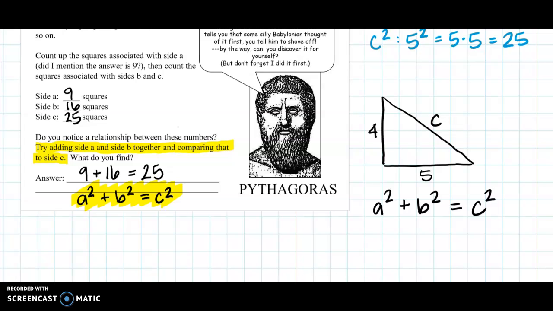That means I take side A, 4, and square it. Add that to side B, which is 5 squared, and it'll tell me what C squared is.